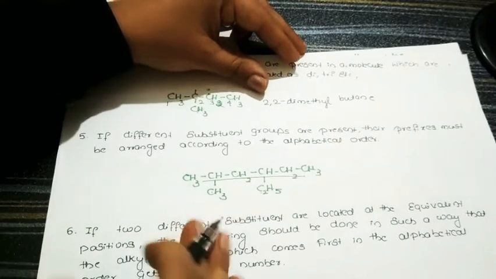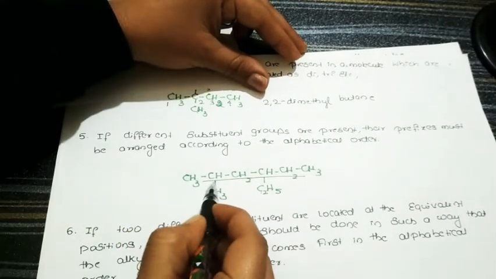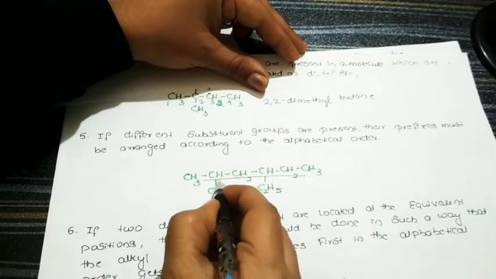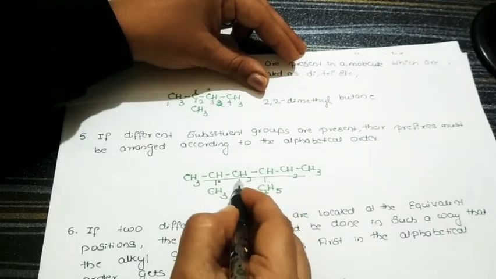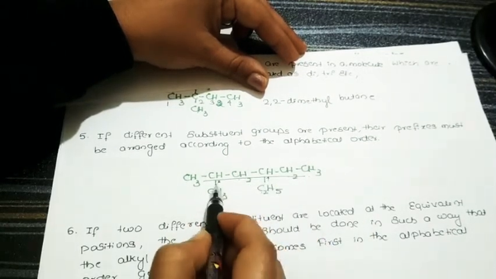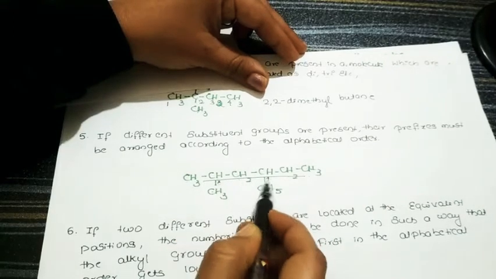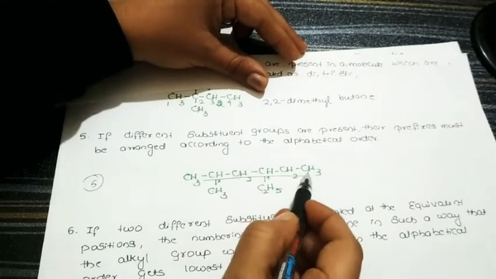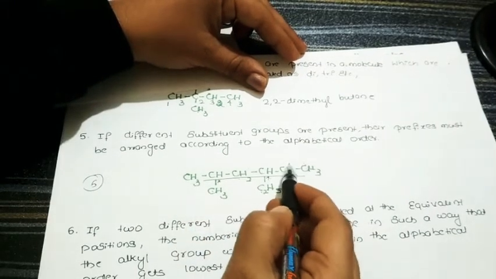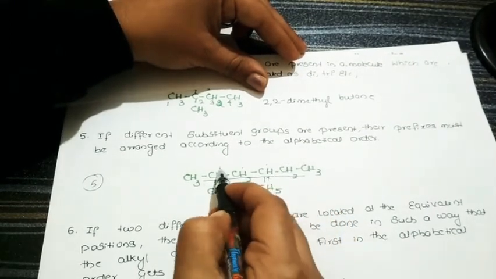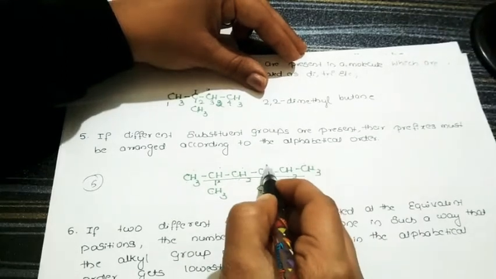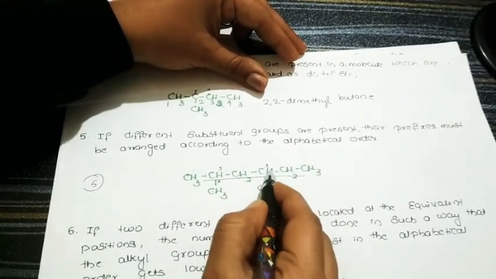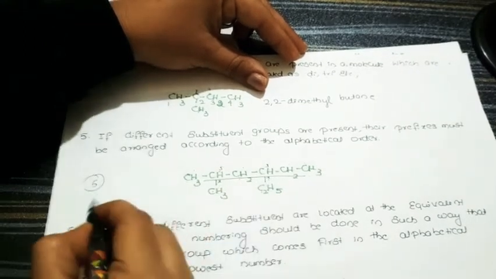I'm going to show you, dear students. See here, 1, 2, 3, 4, 5, 6. This is at the second position, and this is at the fourth position. So the sum of the locants, 2 plus 4, I am getting 6. Now if I go in this way, 1, 2, 3, 4, 5, 6, this is at the third carbon and that is at the fifth carbon. So 5 plus 3, the sum of the locants is 8.